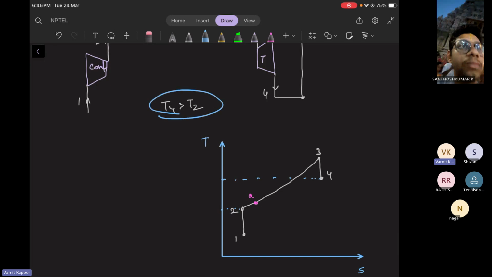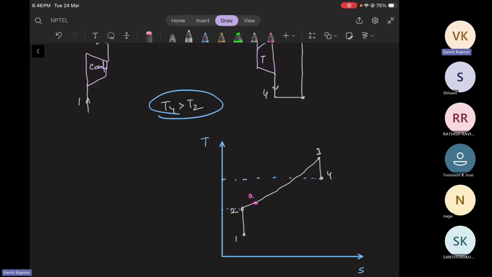Keep it in mind. And then it further rejects the heat till 2. But because the exhaust of the turbine was passed through the regenerator, eventually the output of that was B.